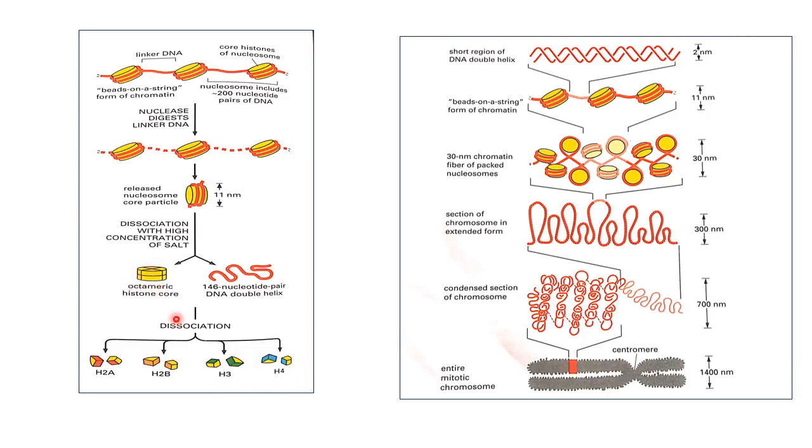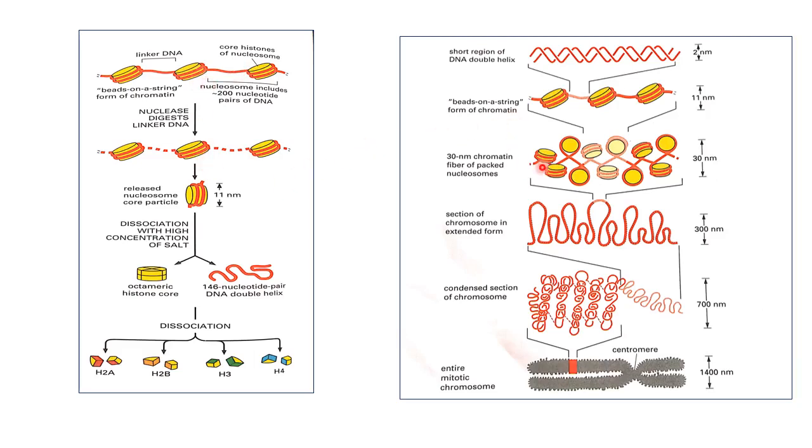Octa means 8 total particles, 2 of each of the 4 proteins, and here this is the 146 nucleotide pair long DNA double helix, and when this DNA is wound around a histone octamer, it develops into an 11 nanometer nucleosome particle, and these nucleosome particles are joined together by a linker DNA.